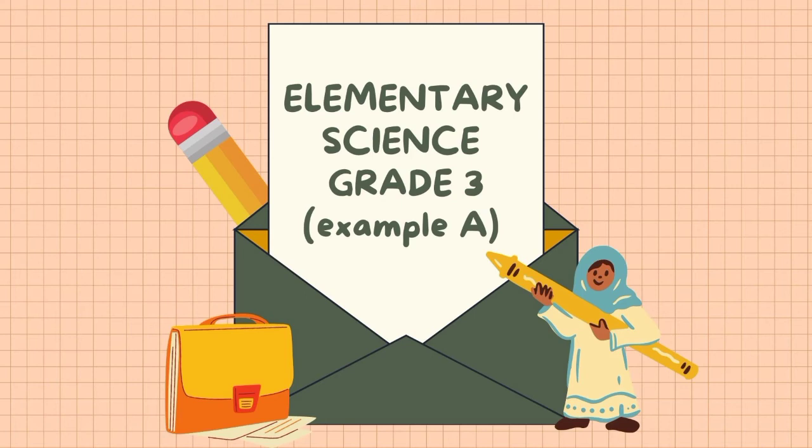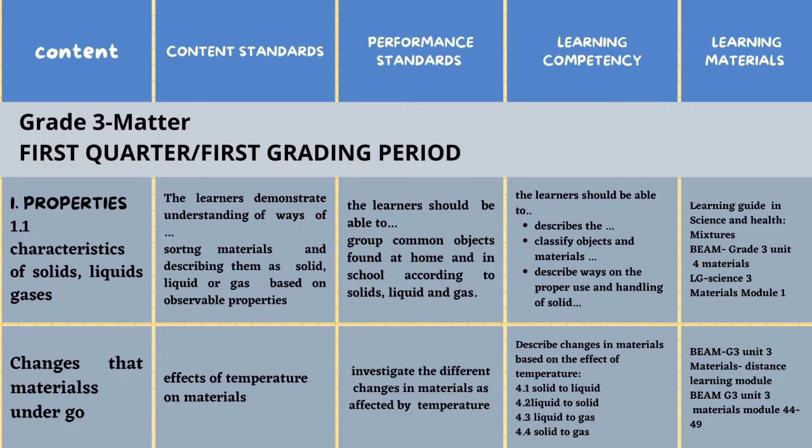So we have here an example of curriculum mapping in basic education under elementary science grade 3. In this example, we have content standards, performance standards, learning competencies, and learning materials. They also include the timeline, or the first quarter or first grading period.